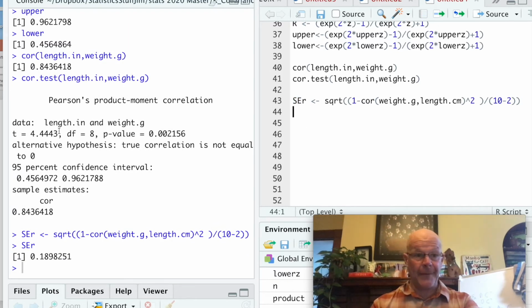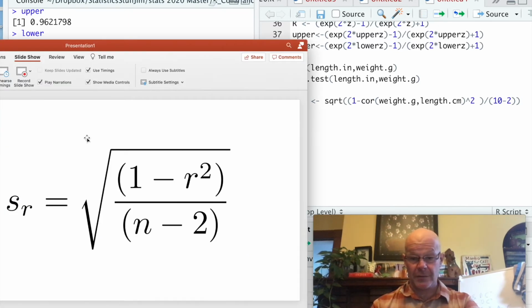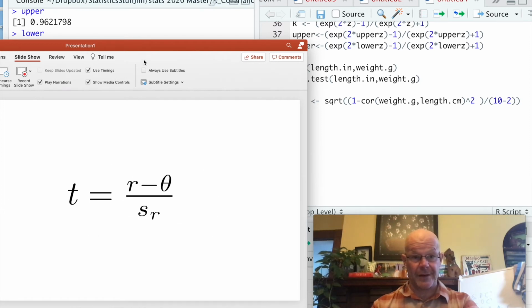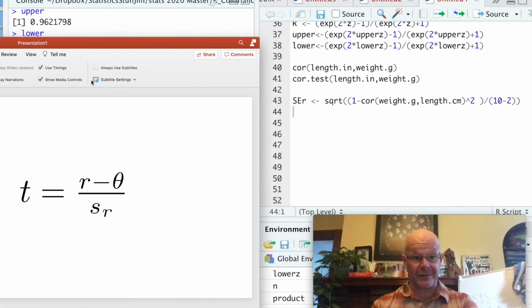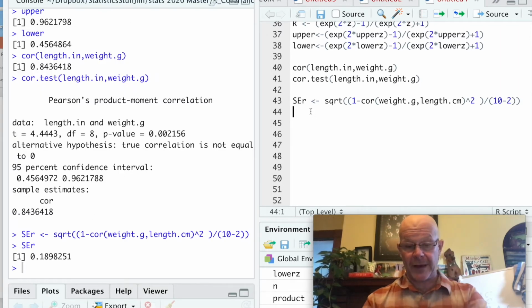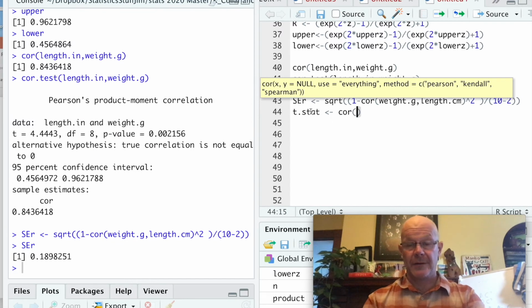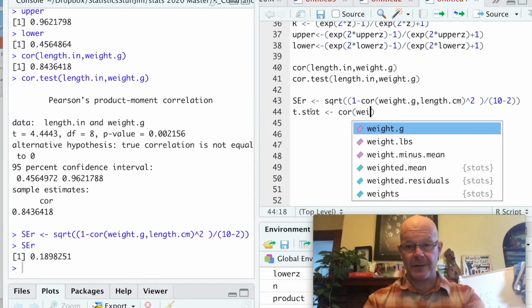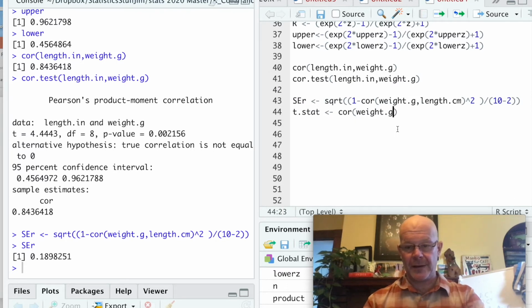And so now I should be able to pop that into this, right? I'm going to calculate my t-statistic. t is going to equal r minus theta, divided by the standard error. So let's say t.stat: I will start with my correlation between the weight in grams and the length in centimeters.